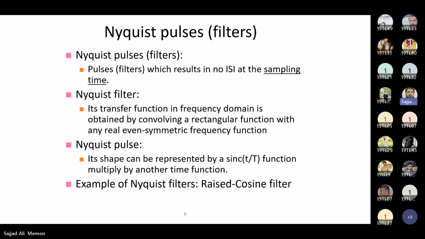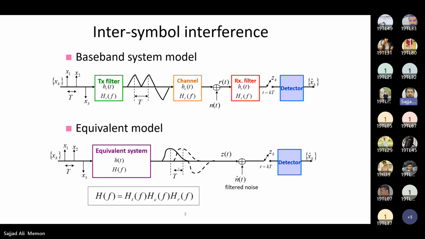Now go back. Now you can understand why we have this figure, where you can see we have a separate filter at the transmitter, a separate filter at the channel, and a separate filter at the receiver. So the three can be combined into one. And now this filter can be your Nyquist filter, which is basically the raised cosine filter that can be used as a pulse shaper to reduce the inter-symbol interference.